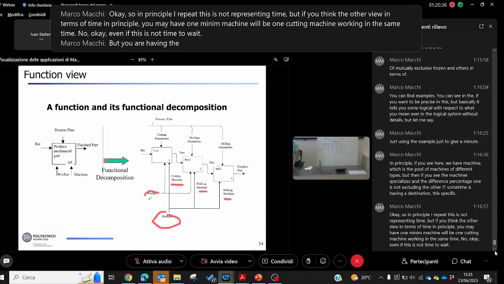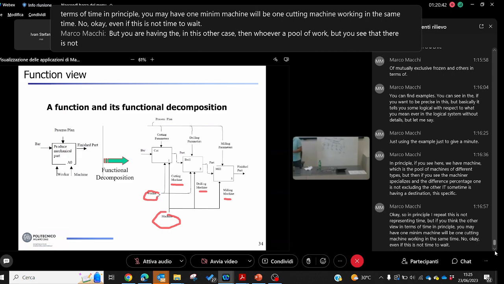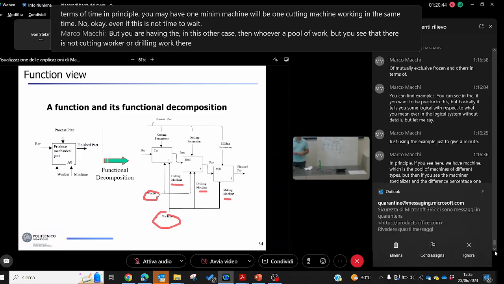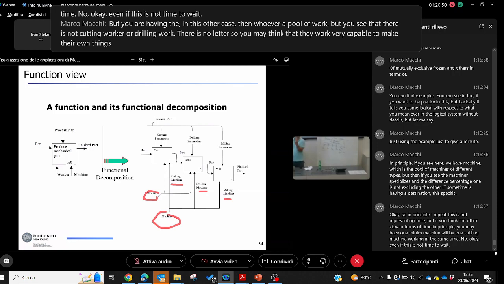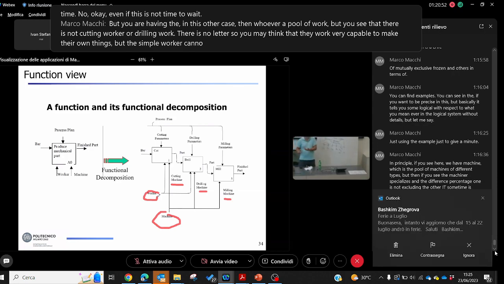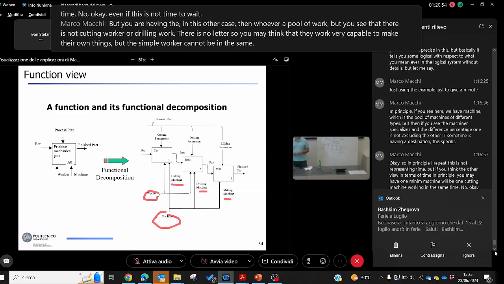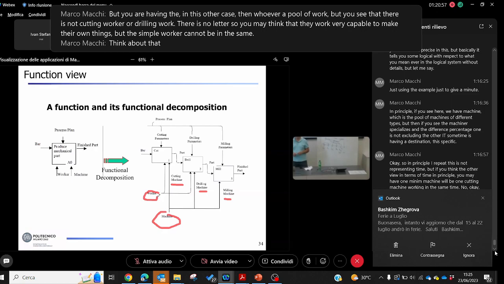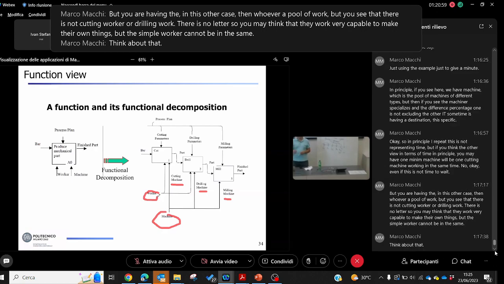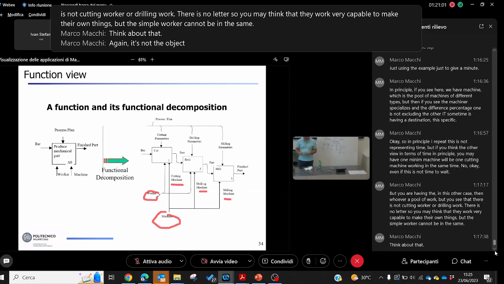In this other case, we have a pool of workers, but you see that there is no cutting worker or drilling worker. There is no label. So you may think that the worker is capable of doing the whole thing. But the single worker cannot be in the same place. Again, the objective is not representing time, but the logic.